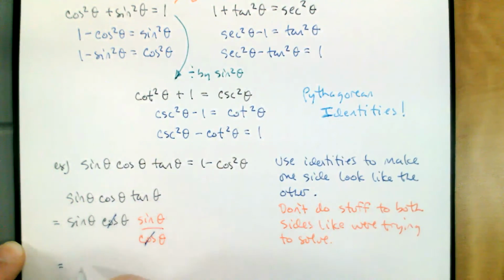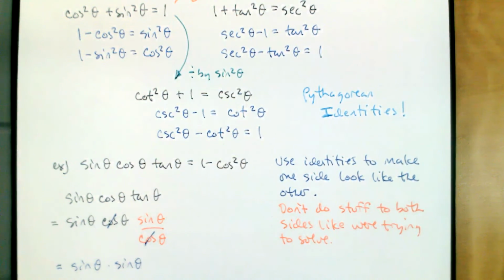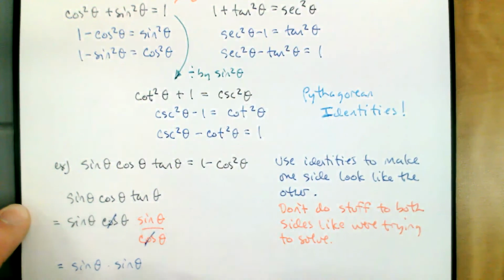And so this looks like sine theta times sine theta, which we write as sine squared theta. And sine squared theta is equal to 1 minus cosine squared theta.